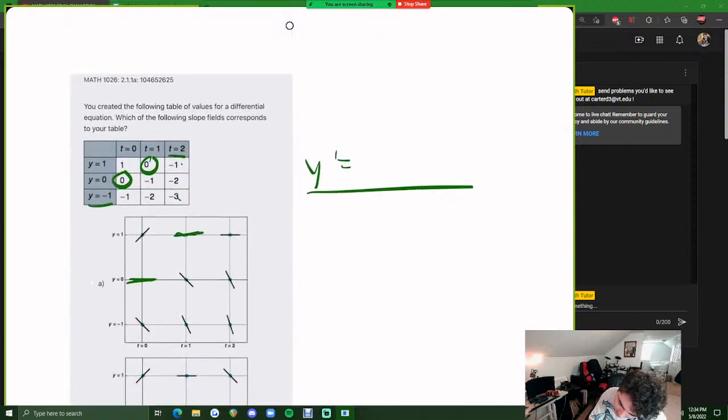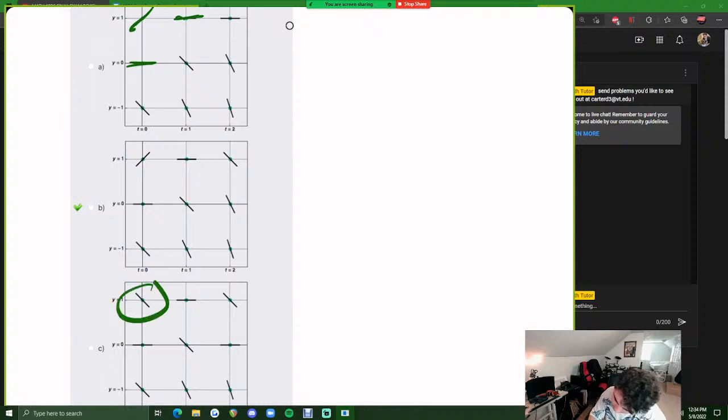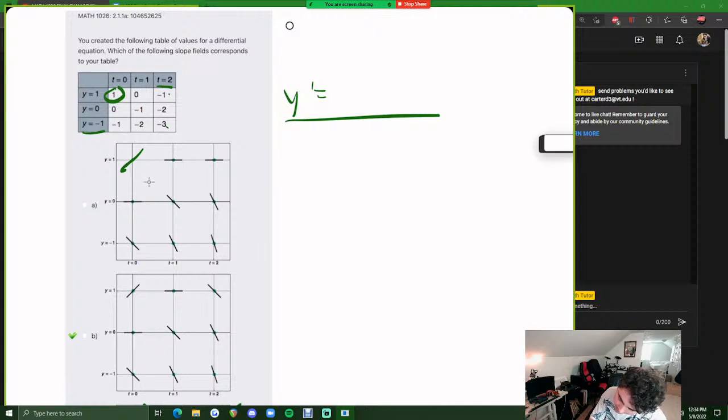So then we want to try something a little more useful. What do we know? We know that here in the top left should be a slope of 1, so a positive slope. And that right there allows us to eliminate C because that's a negative slope, likely a -1. So then between A and B, let's see what else we know. We know in the top right we should have a -1, so a negative slope.